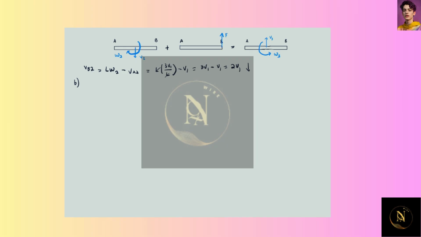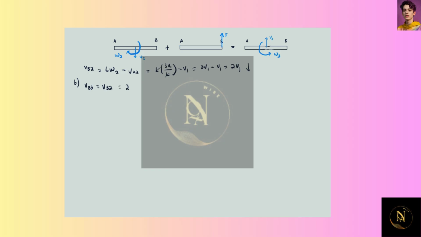The impact causes the rod to rotate with an angular velocity omega 3, and its mass center now moves with a velocity V3. When the rod hits point B, it will bounce off and move upward with a velocity VB3. And again, since our e is equal to 1, VB3 is just equal to VB2, but in the opposite direction.